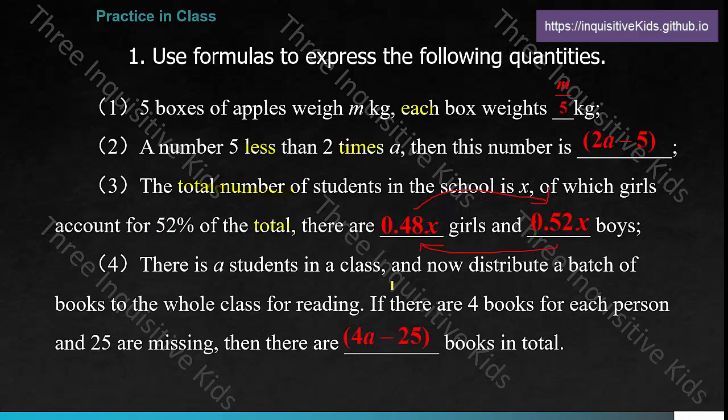And then the last one has each person and 25 are missing. So these are all keywords that give you clues of what operation you could use in your formula. So as we get later on with these problems, you have to be really aware of all of these keywords, because they could give you a clue to the answer.